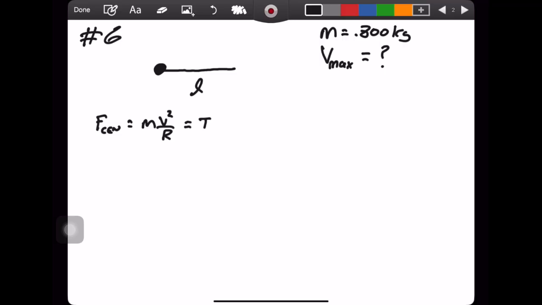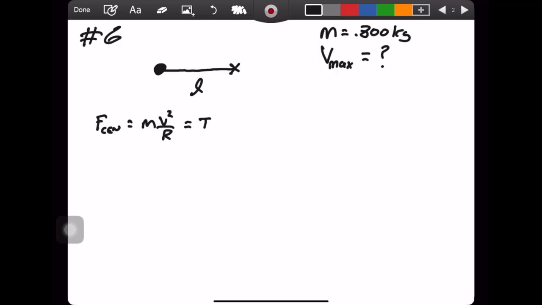If you can imagine, like if this is the center of the axis of rotation, and if I'm whirling the stone around with this string, as the v gets bigger and bigger, well, on the other side of the equation, the tension needs to get bigger and bigger. In other words, you need more and more tension to be able to satisfy the stone continuing to stay in a circular trajectory at the velocity at which it's going.